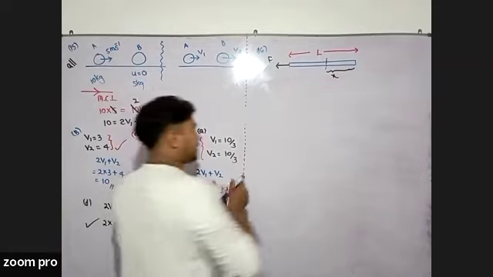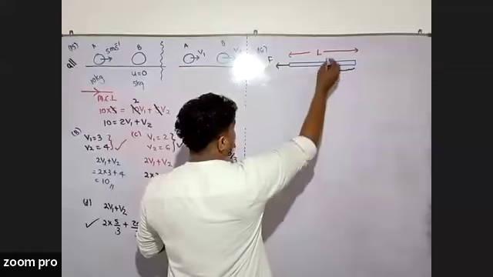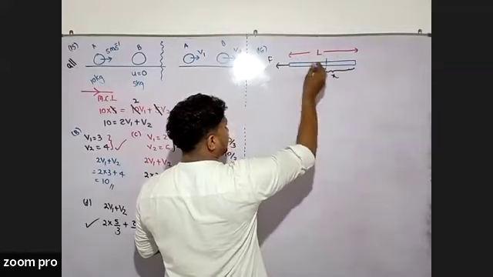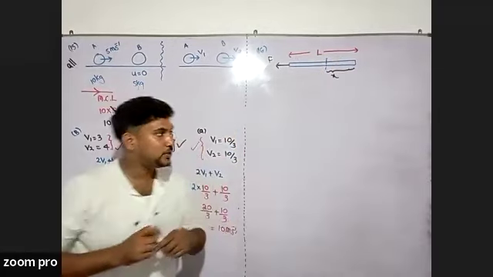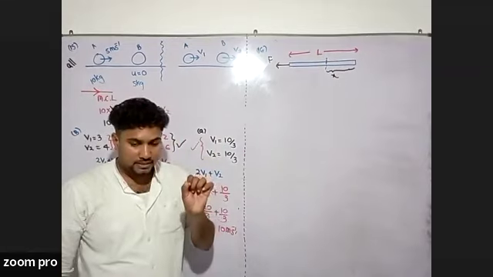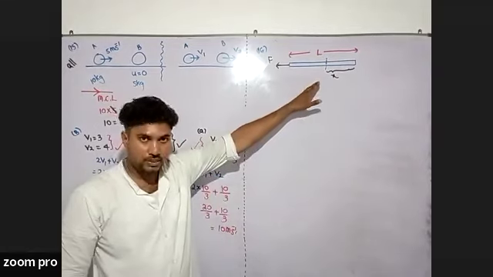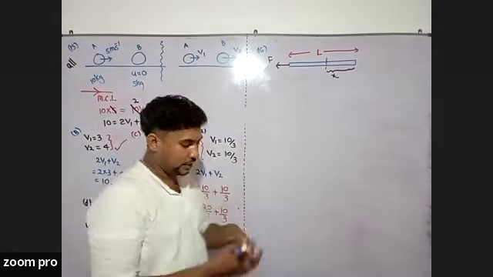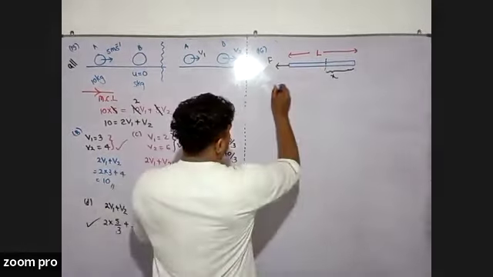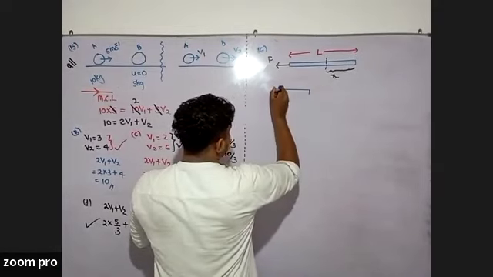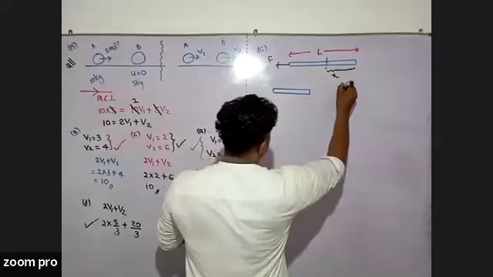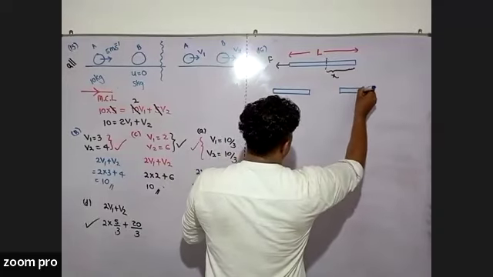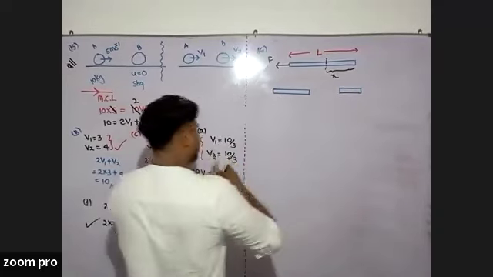So we have to find the tension at this point. I have explained to you that in order to obtain the tension at a particular point of a string, just break this string at this point into two pieces. Then it can be considered as one part of the string, and this is the remaining one, right?